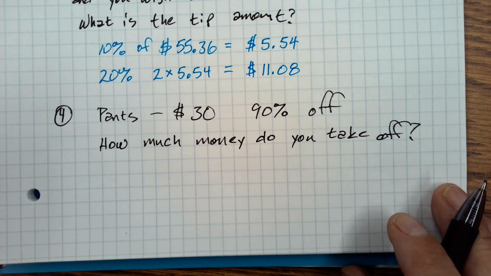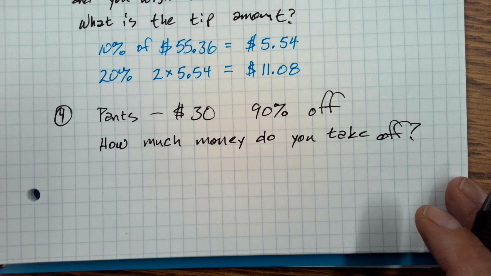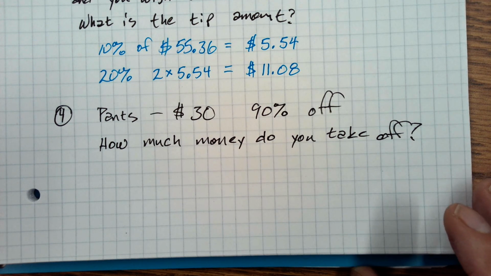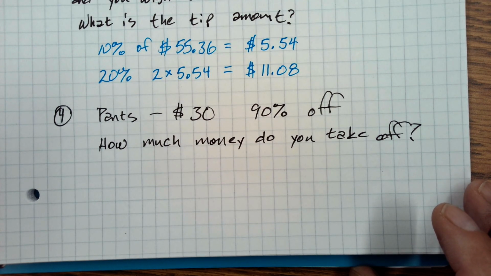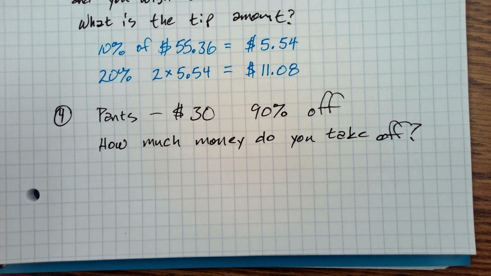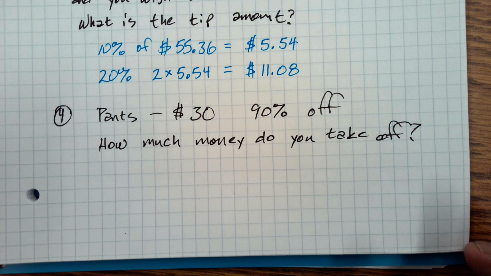So $30 jeans are 90% off. How can we figure that out? They're $30, but they're 90% off today. Come on, guys.